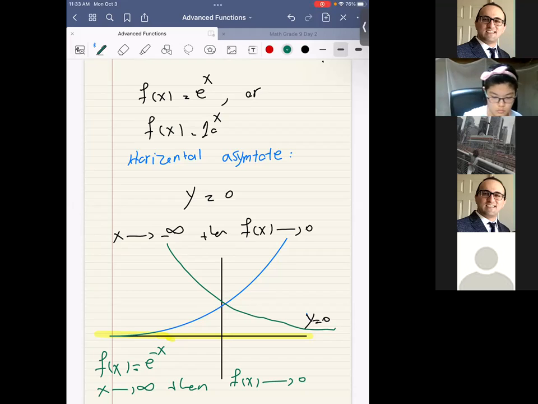For e to the negative x, you basically switch negative and positive. The fact behind this is that e to the power negative infinity is 0, or 2 to the power negative infinity is 0. If you have a number greater than 1, like e, or like 2 or 10, and you take the power negative infinity, then you get 0.